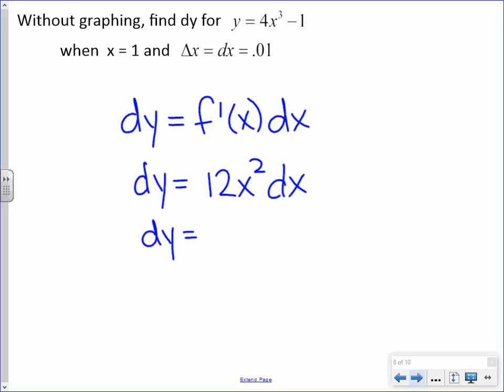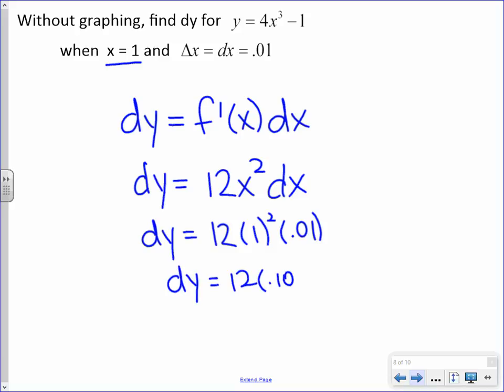We know that x is 1, and dx is 0.01. Essentially, we have 12 times 1/100, which means dy is 12/100.